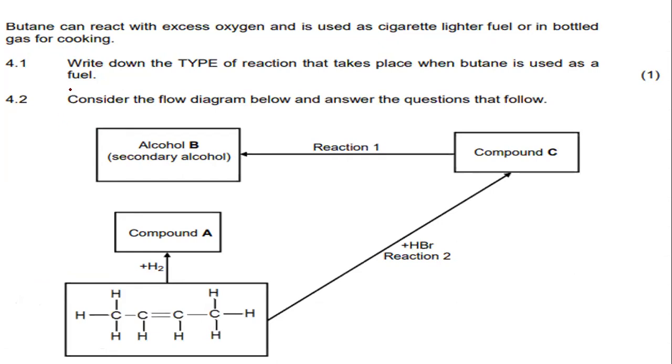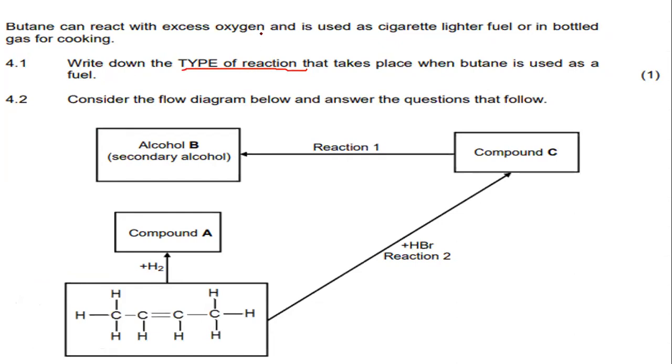Then we are required to write down the type of reaction that takes place when butane is used as a fuel. So firstly, we are required to write down the type of reaction.